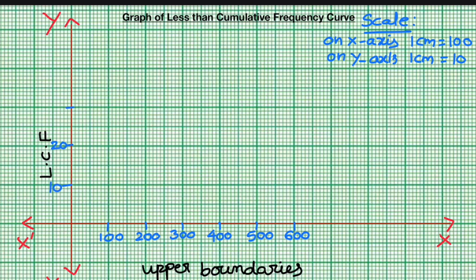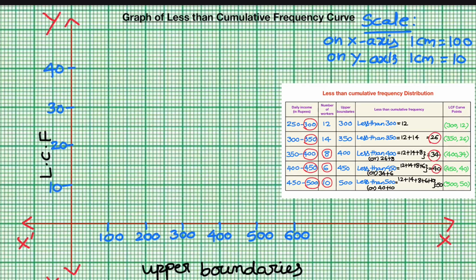Now I plot the first point, 300, 12. On the x-axis, 300 is here. On the y-axis, 12 is just after 10. So the point 300, 12 is 300 units away from the y-axis and 12 units away from the x-axis.